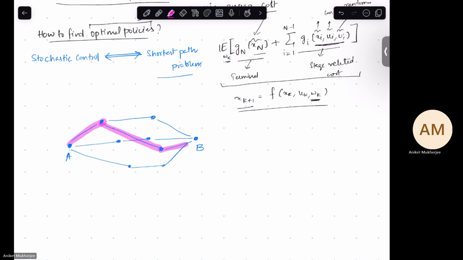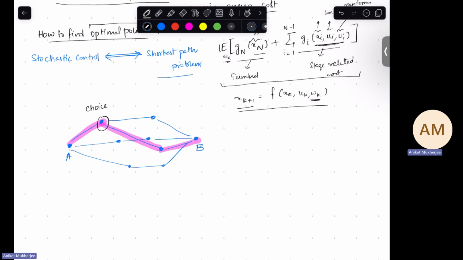Now, as you can see, when you are at this node, you have the power of making a choice of either going through this arm, or through this arm.